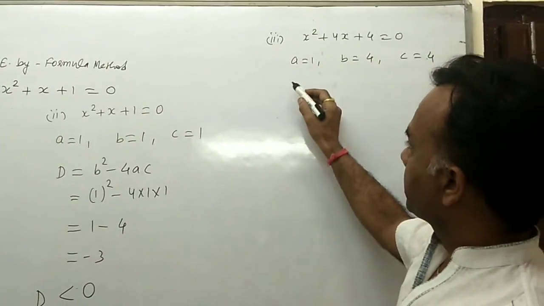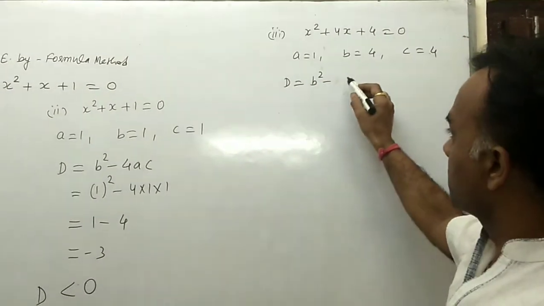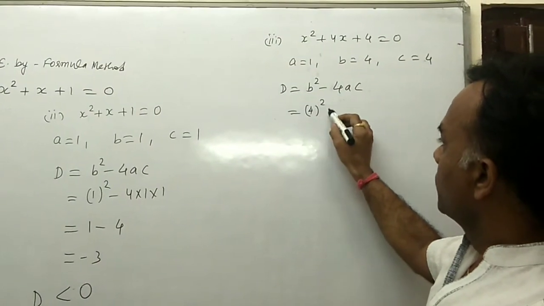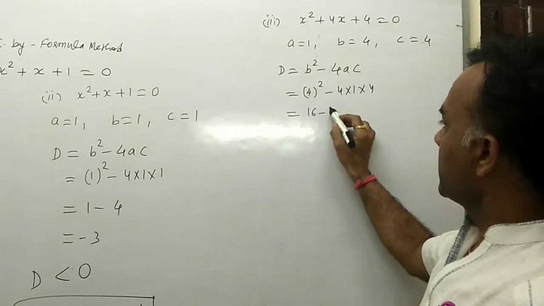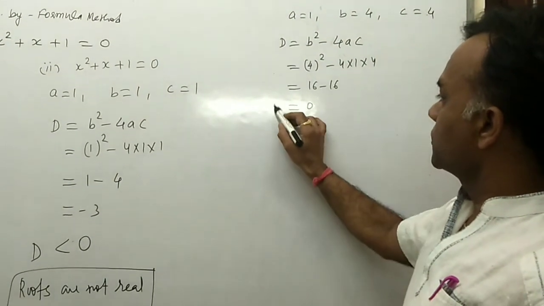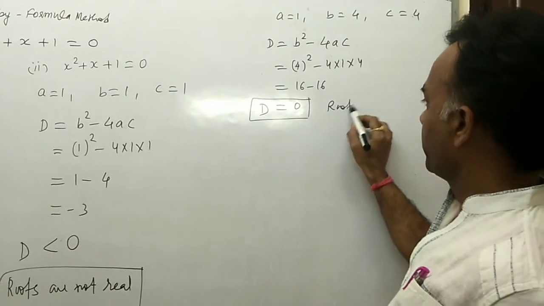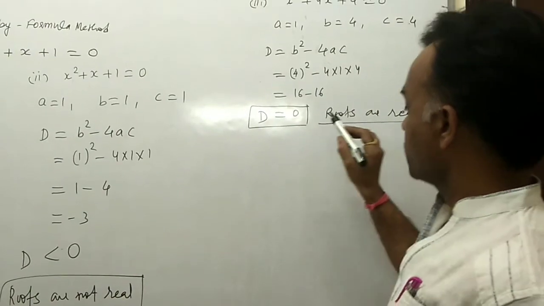Then we find the nature of the quadratic equation with the help of the discriminant formula b square minus 4ac. So we have 4 square minus 4 into 1 into 4. So 16 minus 16, that is 0. So D equal to 0. So this is also a case where roots are real. Roots are real, but in this case we find the same root.